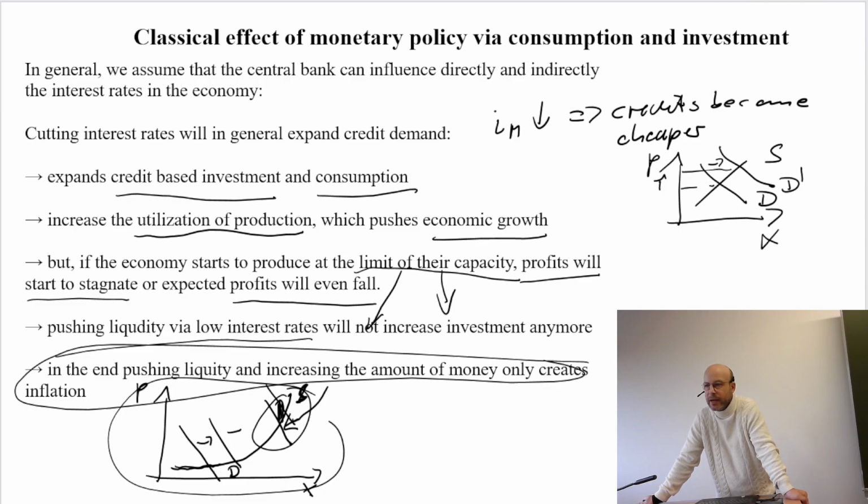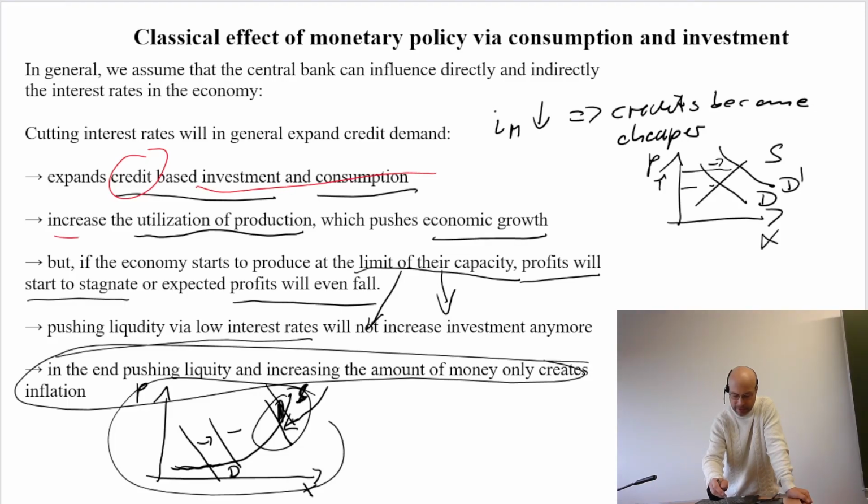And a very direct form is, of course, if we cut interest rates and then assume, okay, not one-to-one, but a cut in key interest rates means that in general, the level of the interest rates in the economy will fall. Then, of course, credits become cheaper, and investment is mainly financed via credits, but also consumption is financed via credits. So it is easier to get money for consumption and money for investment.